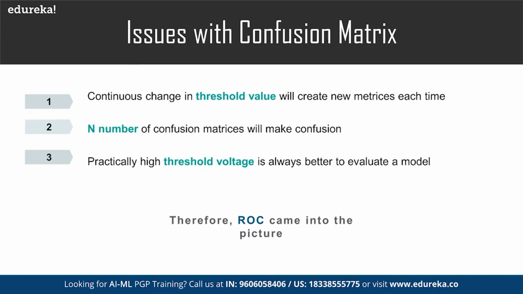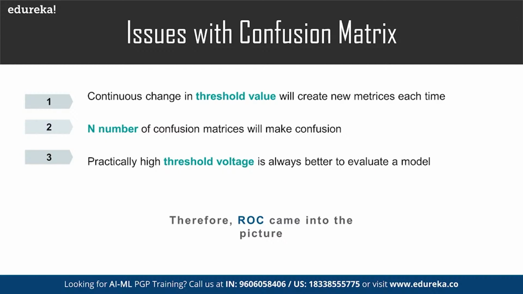But n number of confusion matrices will cause confusion. As we change the threshold continuously, we get a different confusion matrix each time, which will of course confuse everyone, including the programmer. These are the things we see happening all over the place.